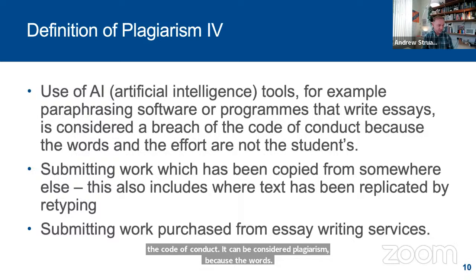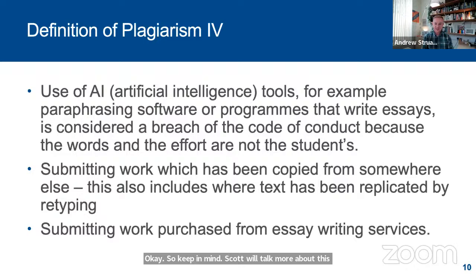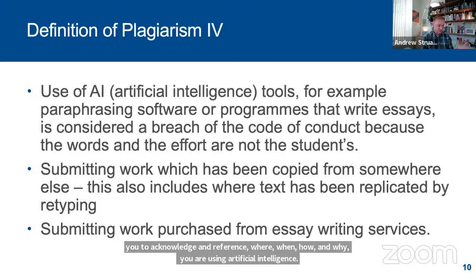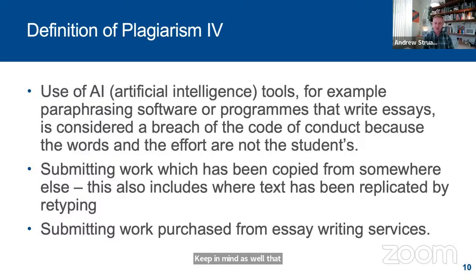Okay, so keep in mind that the university expects you to acknowledge and reference where, when, how, and why you are using artificial intelligence. Okay. Keep in mind as well that things like essay writing services also count as plagiarism. The work must be your own.